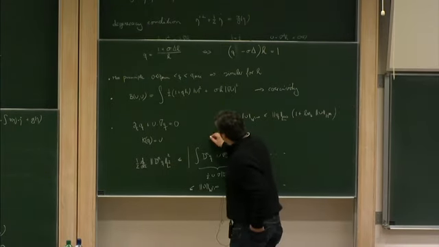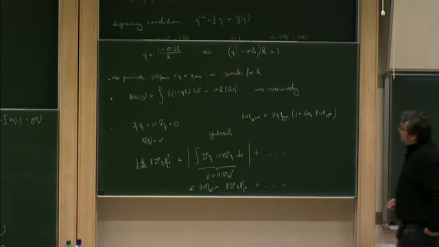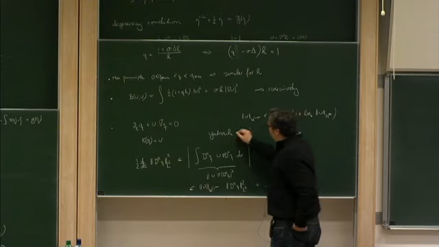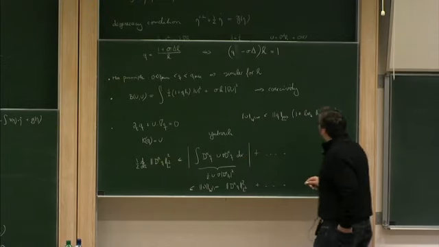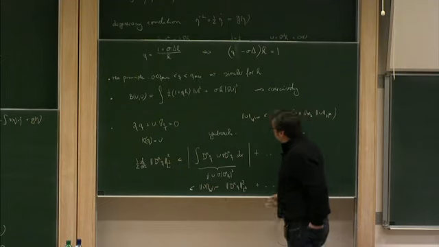And now a trick comes that is essentially due to Yudovich in his 1963 work on 2D Euler. Namely, Yudovich noticed that you can get estimates like this, and he mainly used it for uniqueness in that paper.